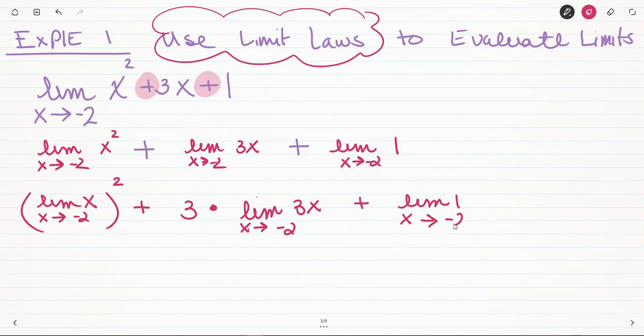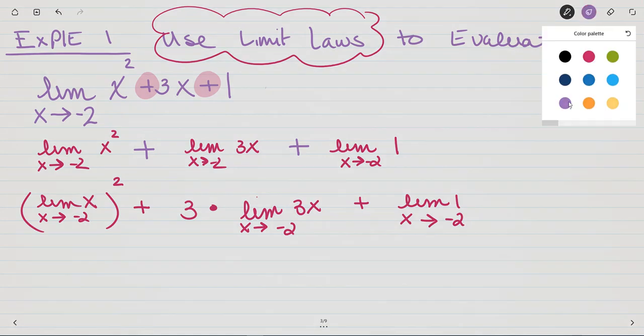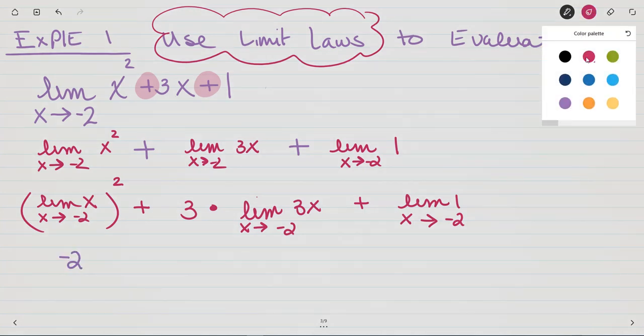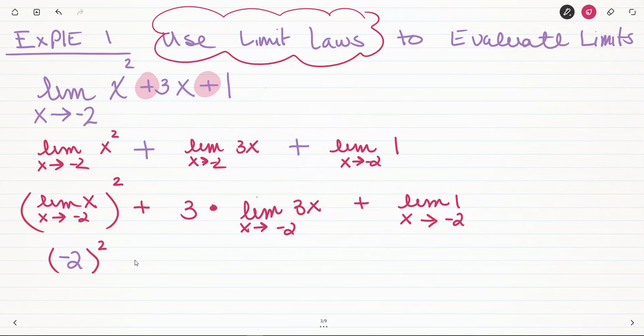I think once we've done this, we're ready to go. So for this limit of x as x approaches -2, the limit of x as x approaches -2 is -2. And then the limit of 3x, oh, I am sorry, I'm noticing now when I copied that, we wanted the limit of 3x as x approaches -2 is 3 times the limit of x as x approaches -2.